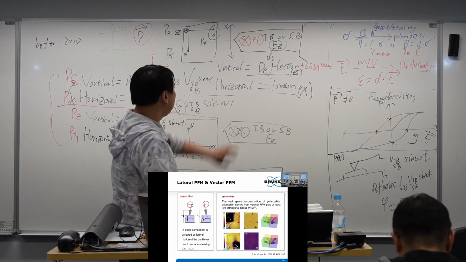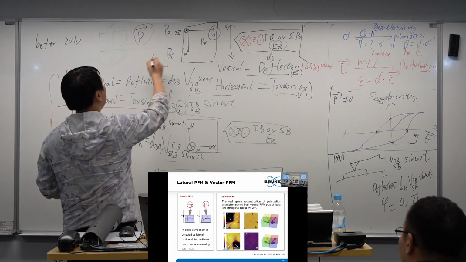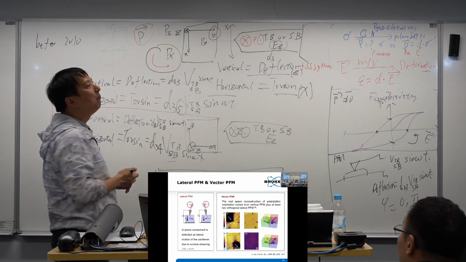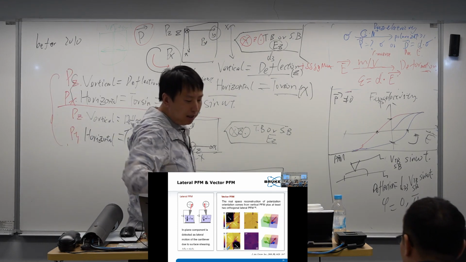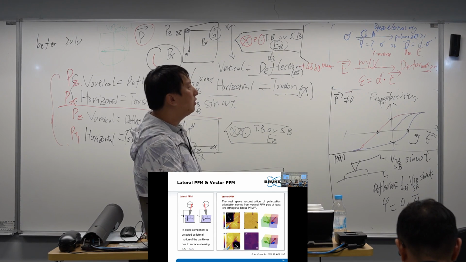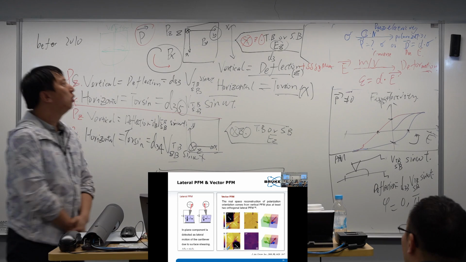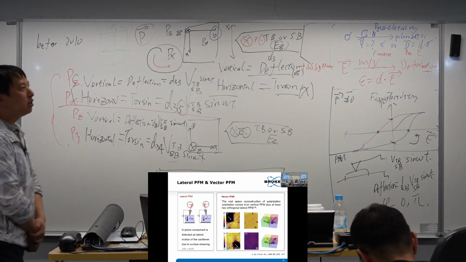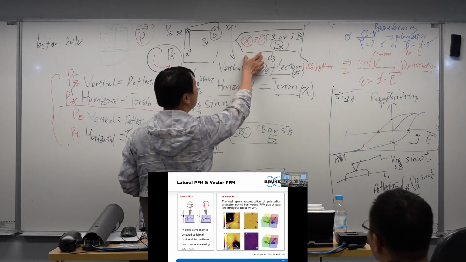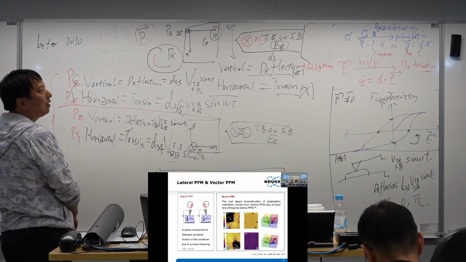Okay, so the key here is, if we want to get this done, we need to rotate the sample. Not like some paper or some textbook said, that we should change the scan directions. No, if you change the scan directions, you do not change the properties of our AFM detectors.